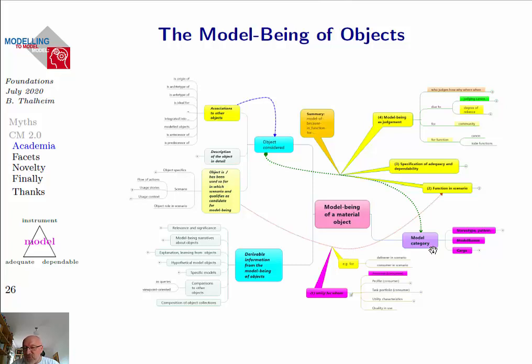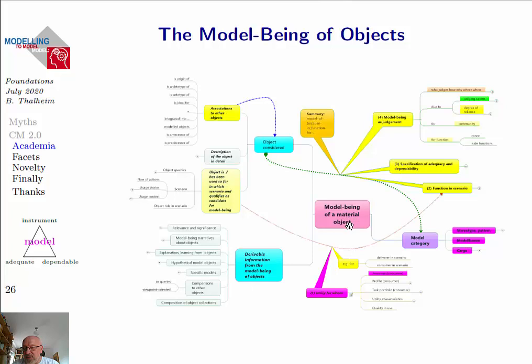Then in this case, we can now specify that, of course, this specification we have here belongs to models of that model category, and the material object is considered to be a model.